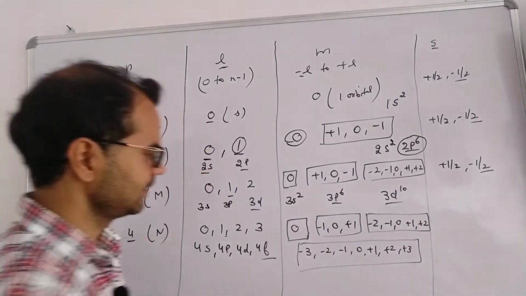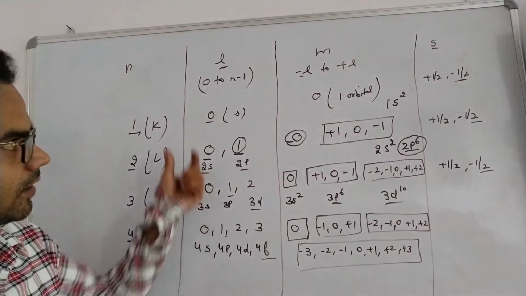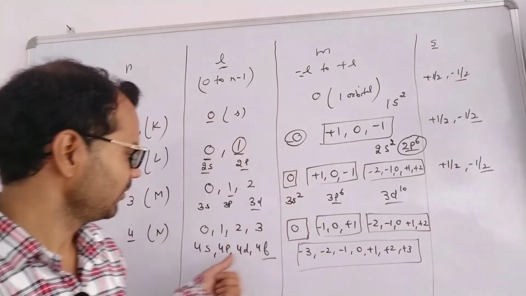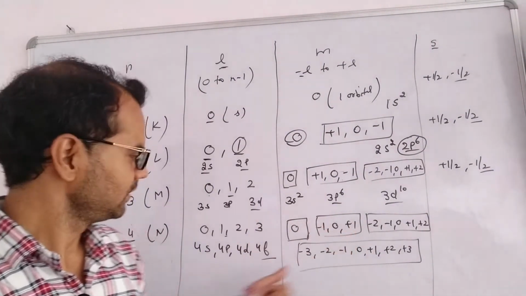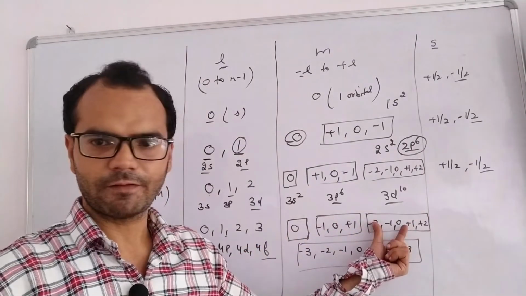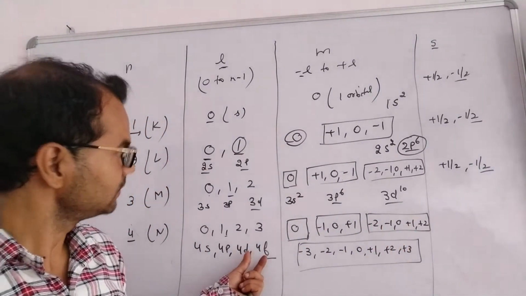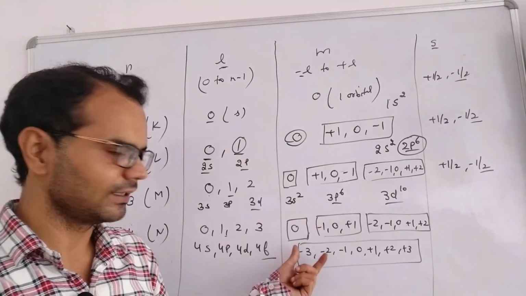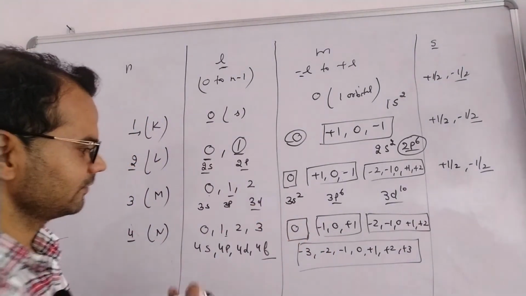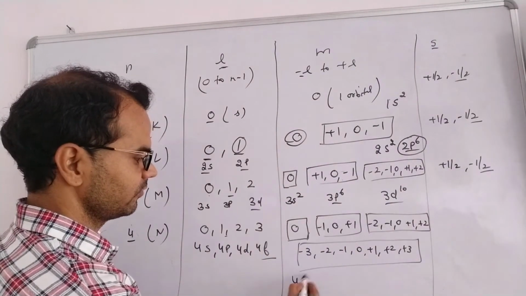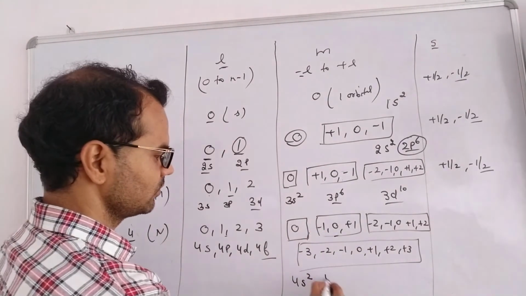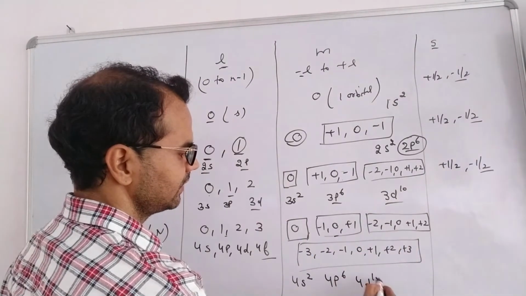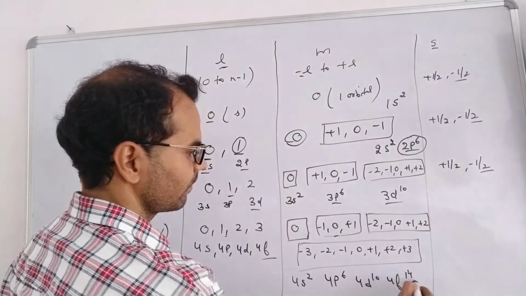So we can see again how many orbitals. The s subshell contains 1 orbital, the p subshell contains 3 orbitals, the d subshell contains 5 orbitals, and the f subshell contains 7 orbitals. Each orbital will contain 2 electrons. So the configuration will be 4s2, 4p6, 4d10, and 4f14.